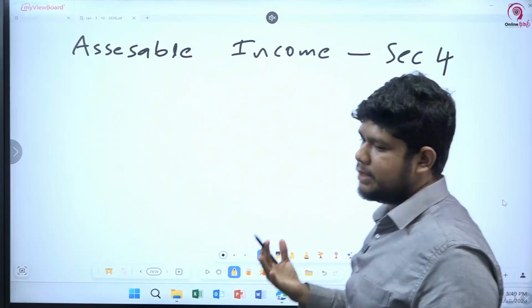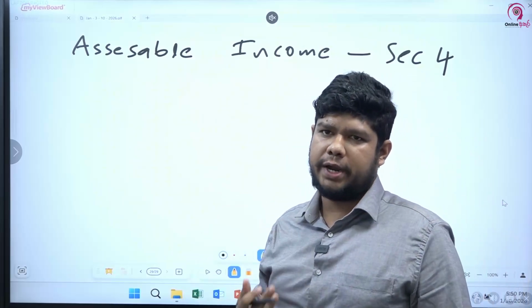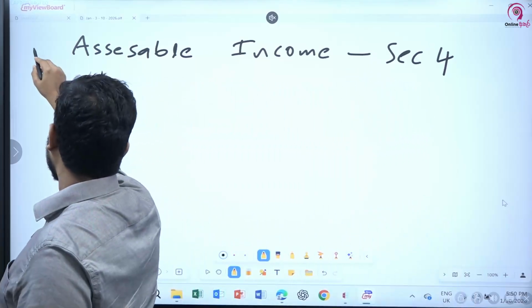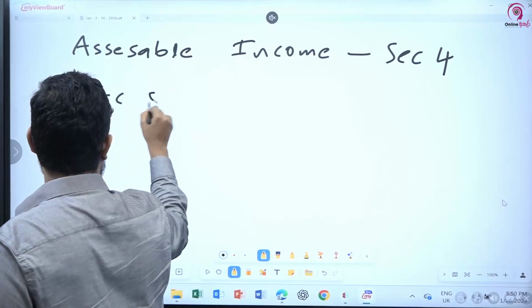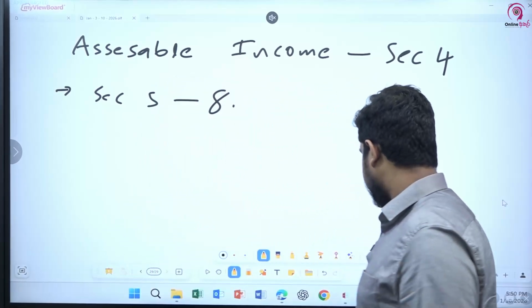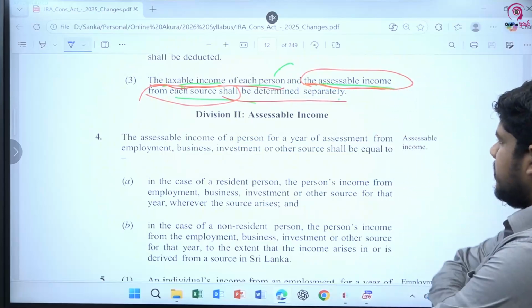Then individual assessable income is described under sections 5 to 8. Section 4, total assessable income, then sections 5 to 8 we will discuss. So first look at section 4, the assessable income.